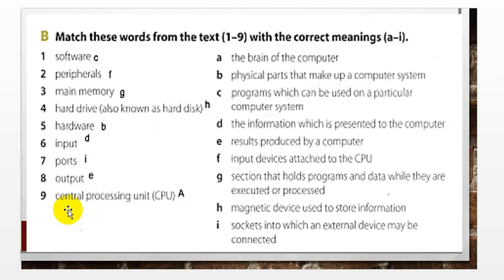Okay, let's go to the vocabulary. Match these words from the text, 1 up to 9, with the correct meaning. It is already done, and okay, here is the answer key. For example, software, C, program which can be used on a particular computer system.